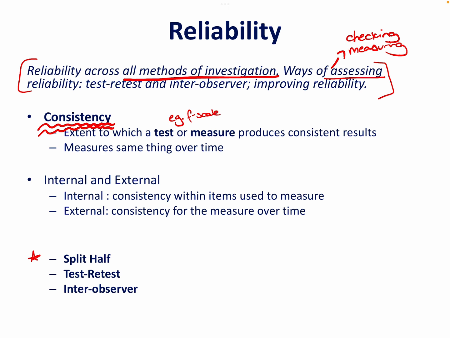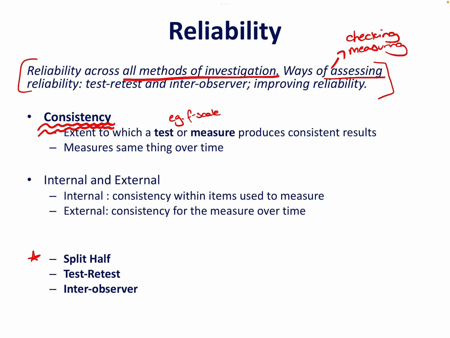Does it produce consistent results? Does it measure the same thing over time? If a measure is consistent, the F-scale, for example, it means that if you give the participant the F-scale on Monday, they should get the same results when they complete it on a Thursday. If it's consistent, it's producing the same results over time.